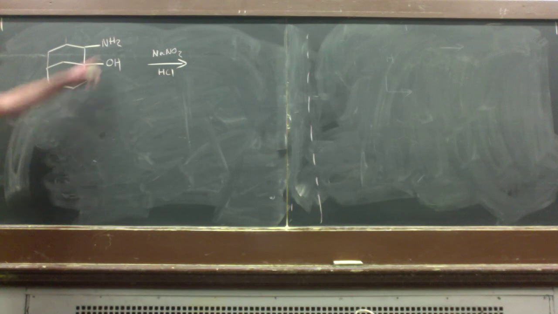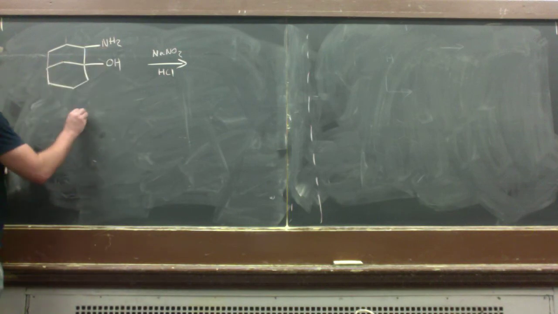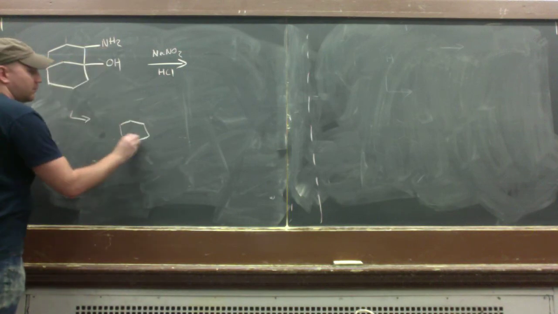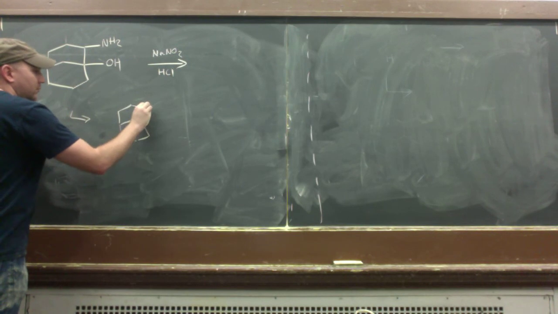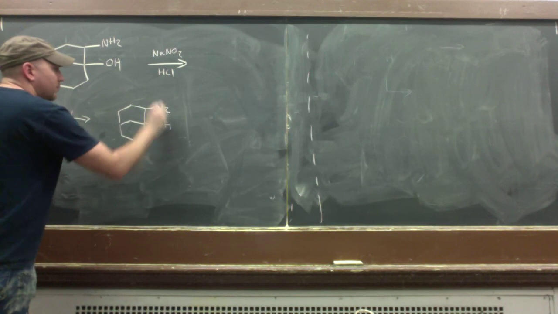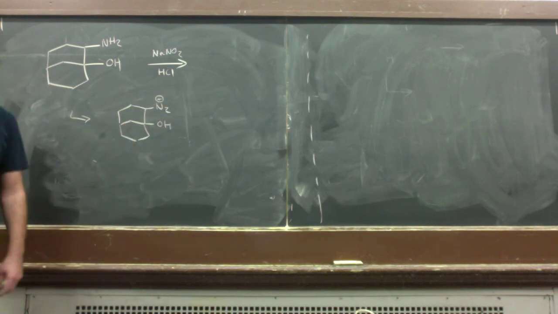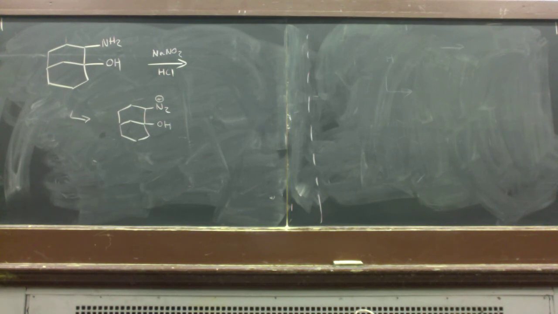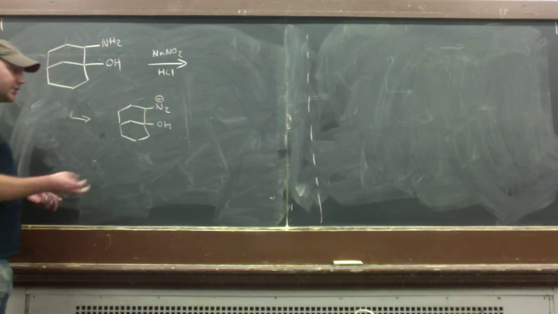And again, if you remember, the first step is simply going to be to generate N2, right? We're then going to generate the carbocation, and then the question really becomes, at that step, where is our alkyl migration going to take place, and what is the resulting product of this? And again, there's going to be two possible products that I want you to consider.